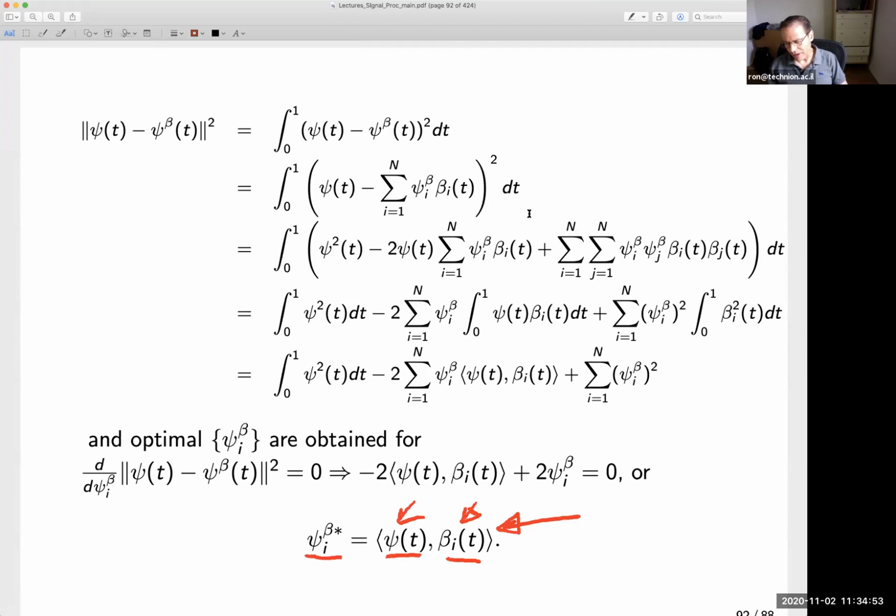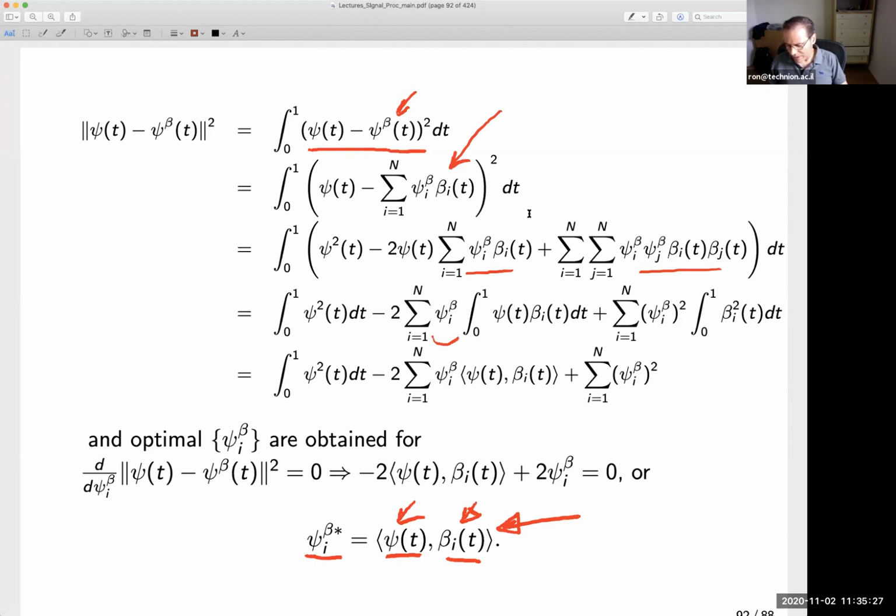Now, how do we get there? What we do is we measure the MSE, which is nothing but what you see here at the top. And now, since we know how this psi beta is defined, we write it explicitly. If we write it explicitly, we can open the brackets and then get these two terms over here. We can pull all the sums out of the integration and switch the order of the integration so that the sums are outside and the integration is inside.